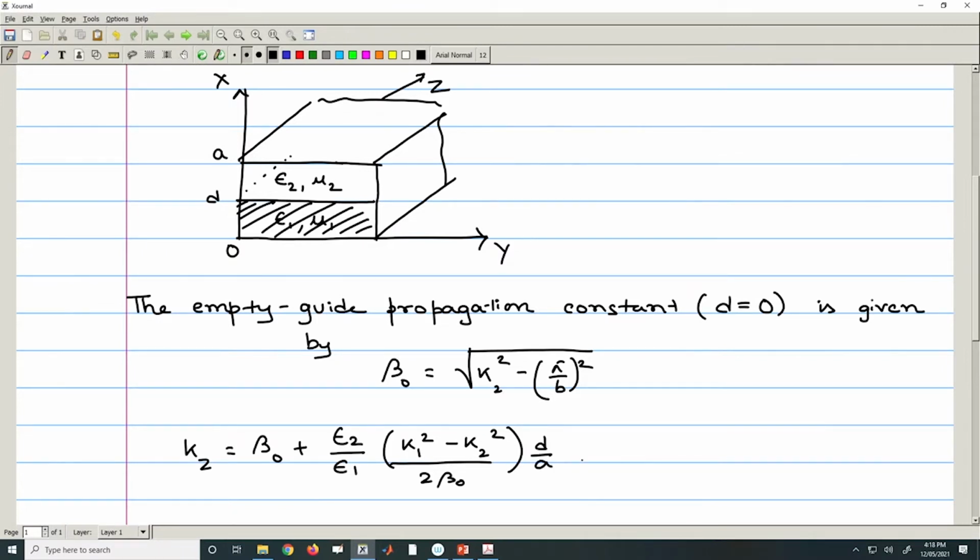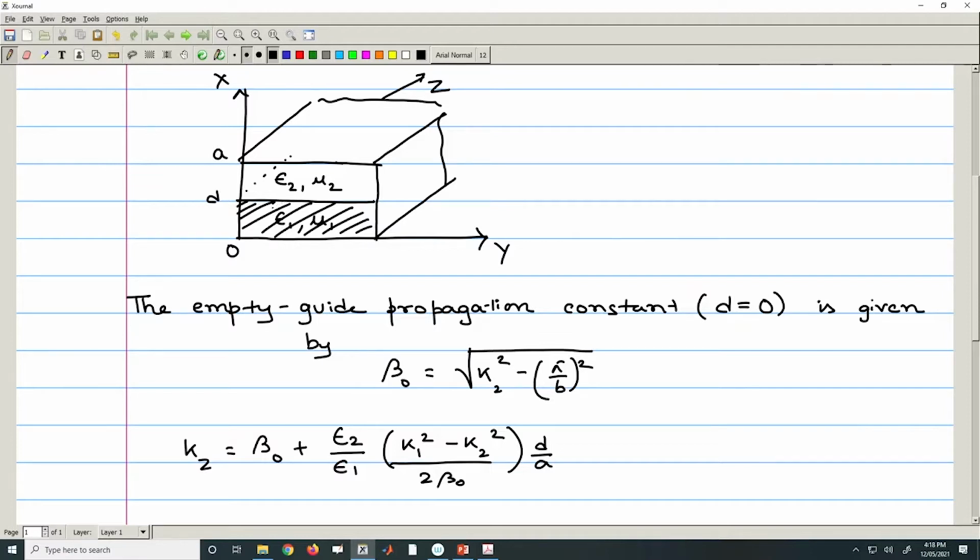In the given figure the waveguide is dielectric filled between x equals 0 and x equals d. Or it can be considered that it has two dielectrics.